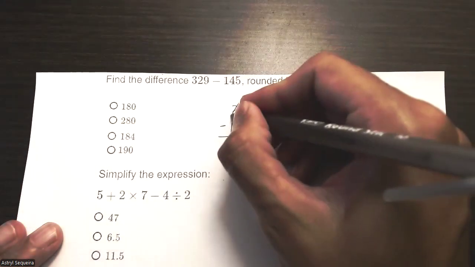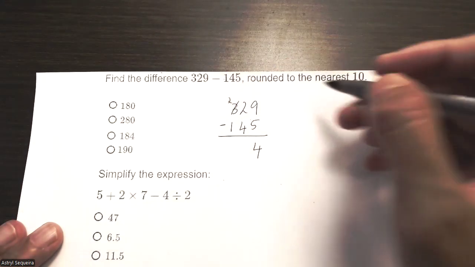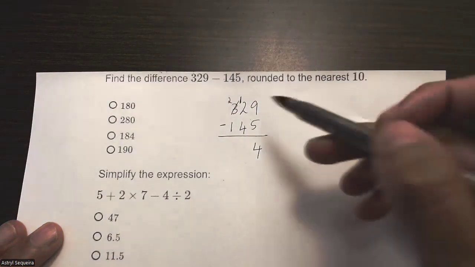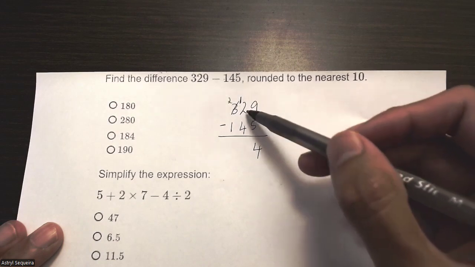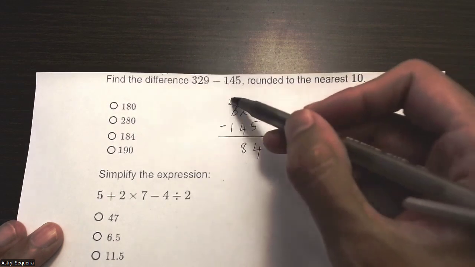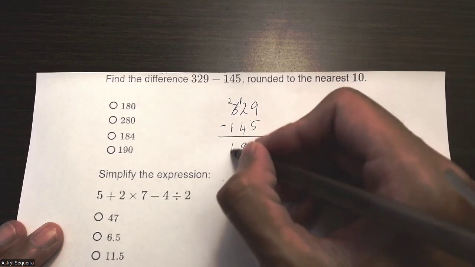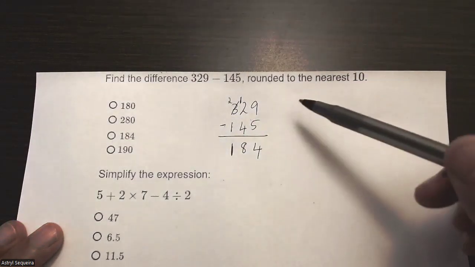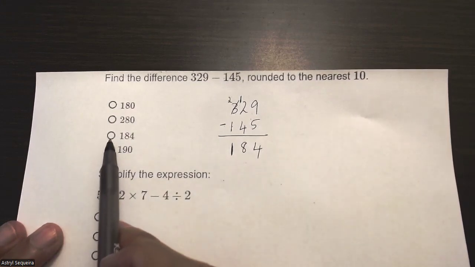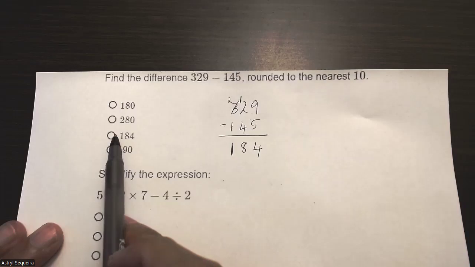I'm going to cancel out this 3 and turn it into a 2. I'm going to borrow this over here, so that becomes a 12. And 12 minus 4 is 8. And then 2 minus 1 is 1. So subtraction of these two numbers is 184, which looks like the right solution is the third one over there.